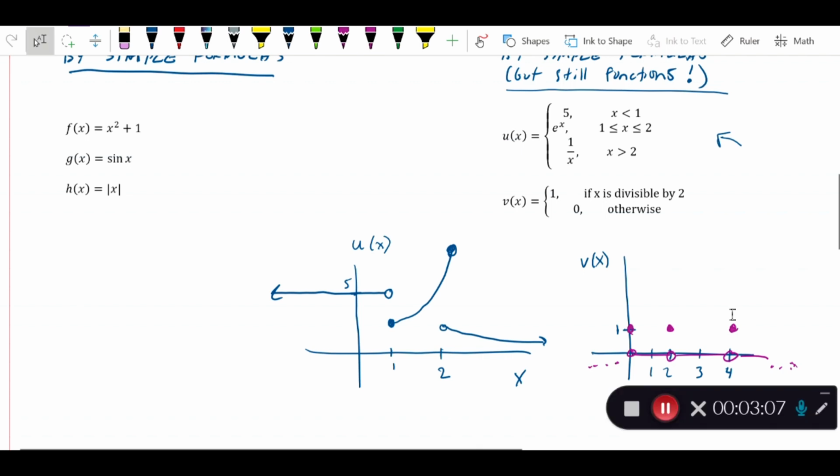So any rule can be a function provided that it assigns only a single y value to a given input x value.